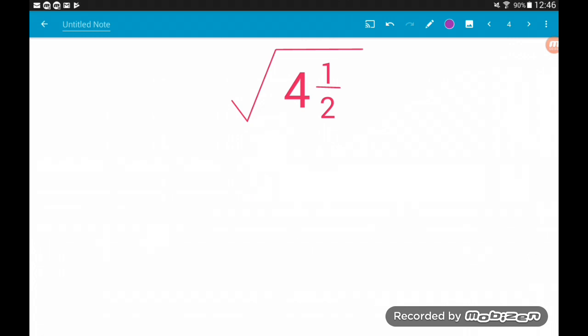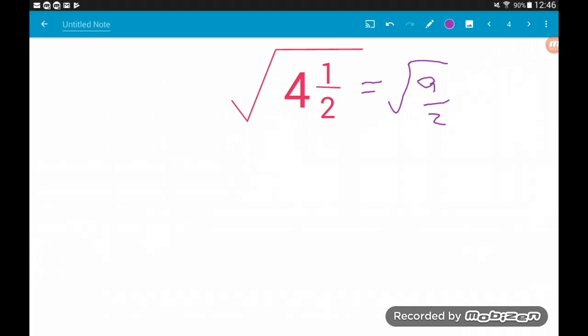Okay, so this time we have the square root of 4.5. This time we don't get such a nice answer. We're going to end up with a surd on the bottom, in which case we then want to rationalize the denominator, as we will see here. So again, the first step, turn the mixed number into an improper fraction. So 4.5 is actually the same as 9 over 2.